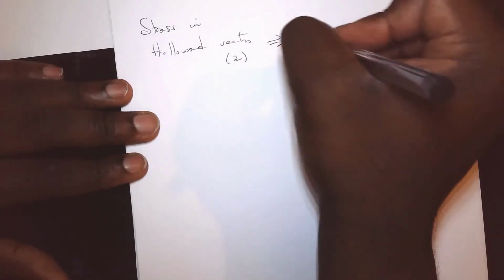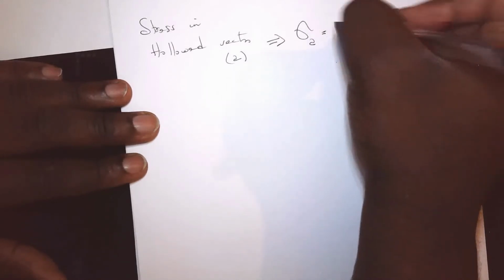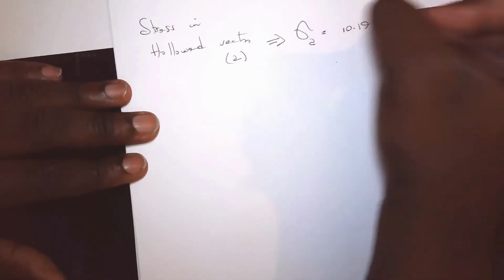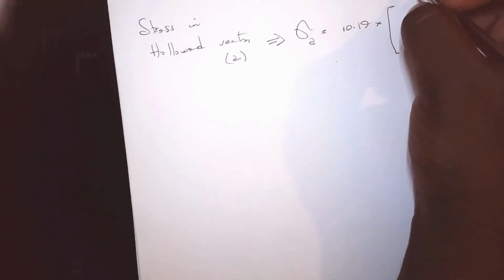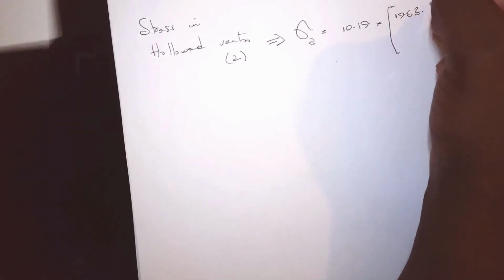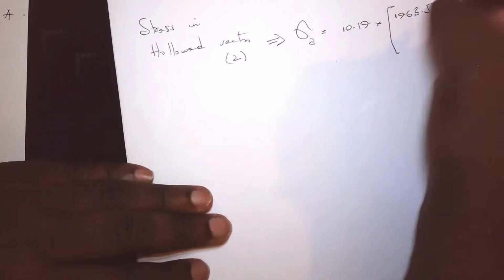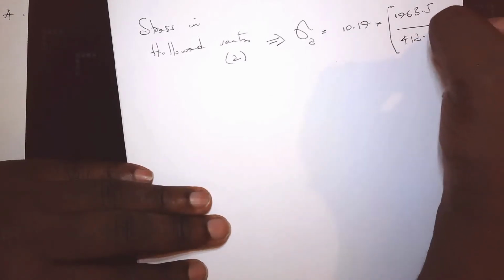So that is sigma 2 will be equal to 10.19 times into bracket area 1, which was 1963.5 divided by 412.33.